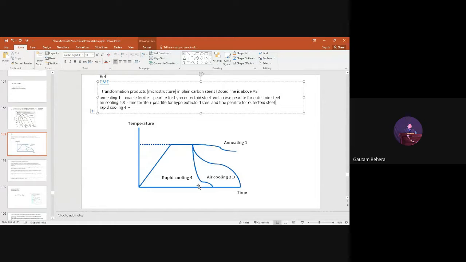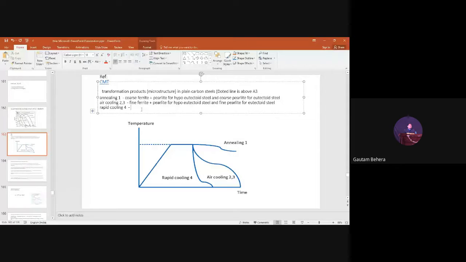And okay, Sagar, can you answer this one? What will be the microstructural product for this cycle? Sagar Sahu? Yes. Sagar? Okay, Srikant, can you answer?